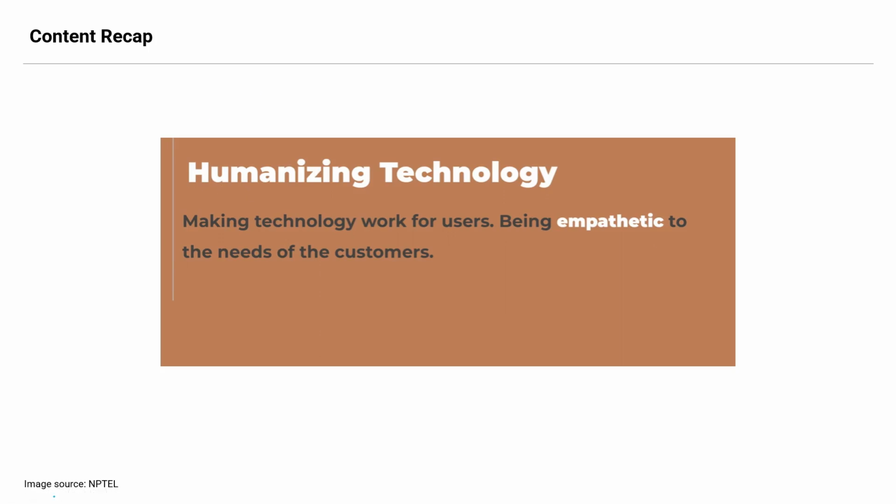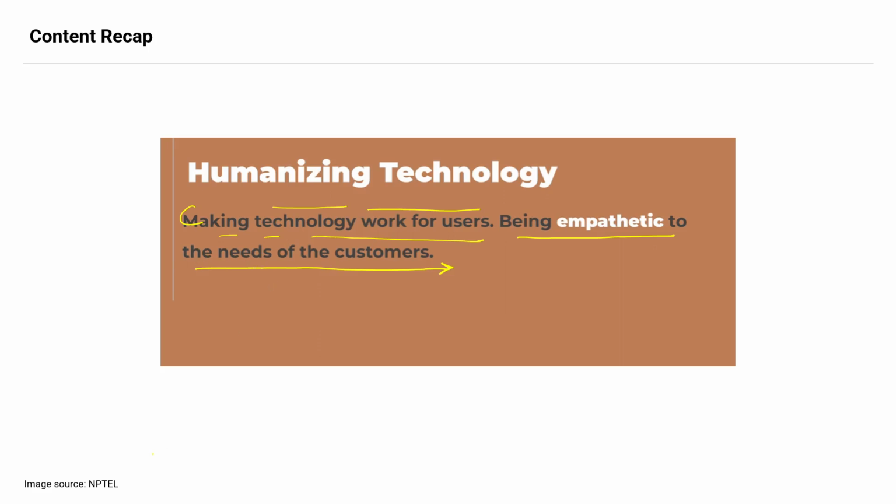Humanizing technology is about making technology work for users, meaning technology should work for the users, being empathetic to the needs of the customers, which means we should make technology work for the users, and second, being empathetic to the needs of the customers.